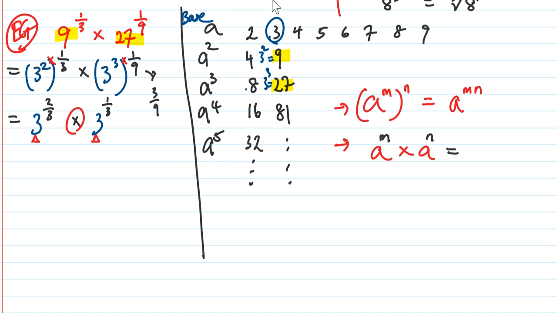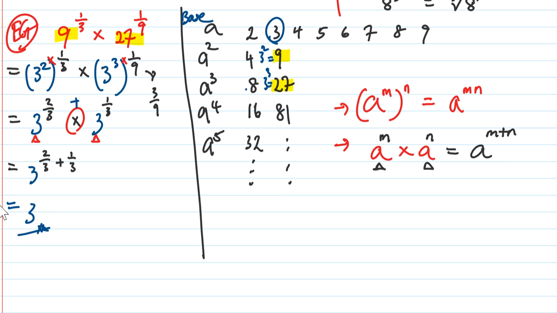So if it's the same base and multiply, we take a to the power m plus n. In this case, we're going to add the powers. So it's 3 to the power 2 over 3 plus 1 over 3. And 2 over 3 plus 1 over 3 is just 3 over 3, which is 1. So the answer is just 3.